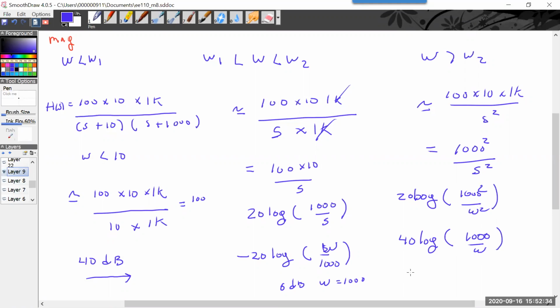We take out the square root, and then we put it in terms of omega, not 1 over omega. And we have that slope. So it's 40 dB per decade.